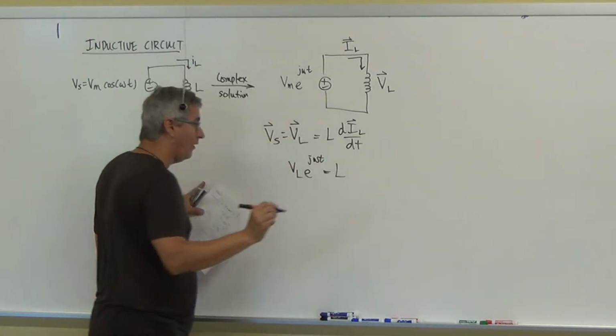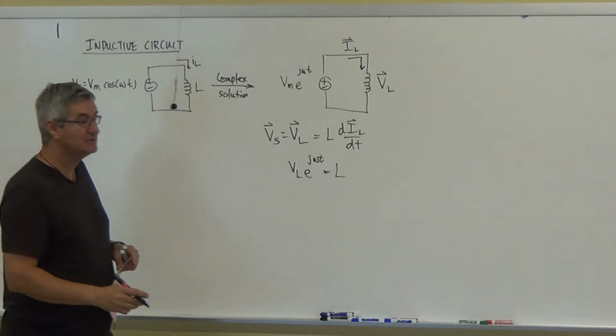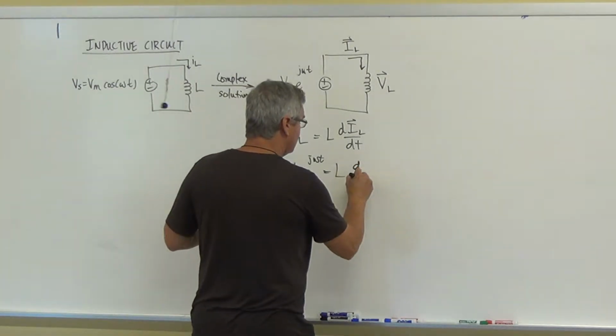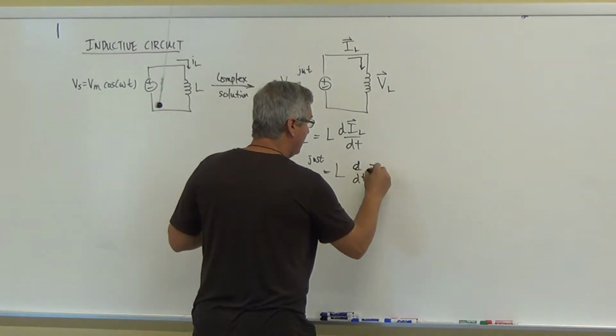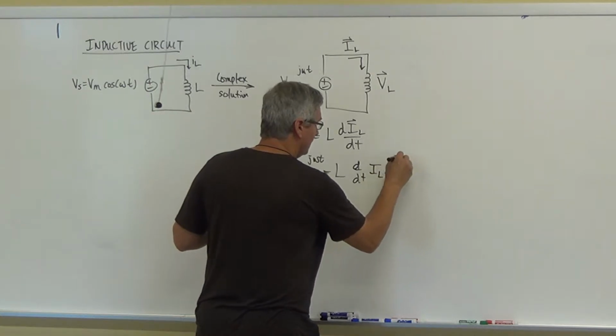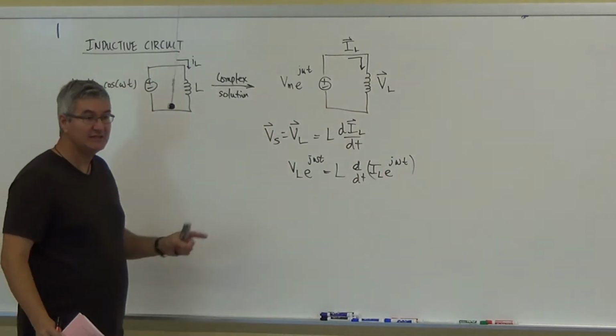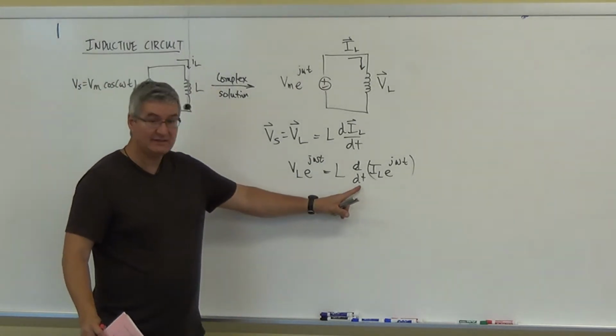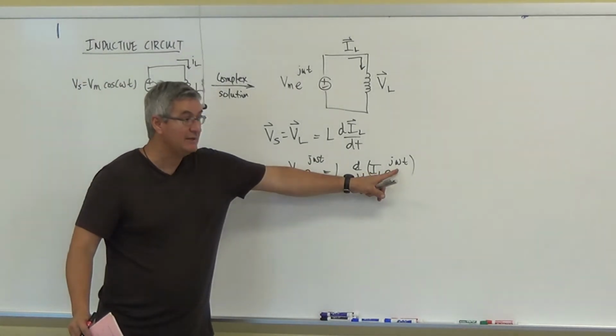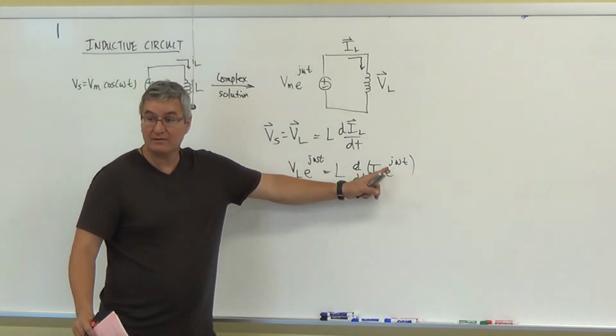This guy will be L. Now, again, I assume a complex solution here. So then I go d/dt of IL e to the j omega t. Now, you can see that there's something different because I have to take the derivative and it's going to bring down that j term right there.